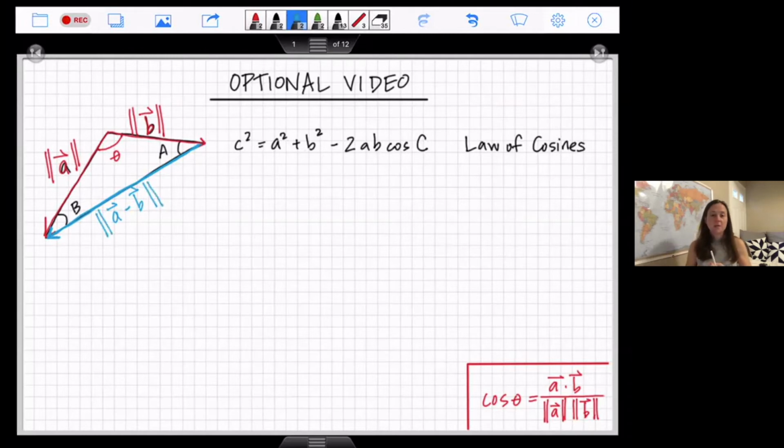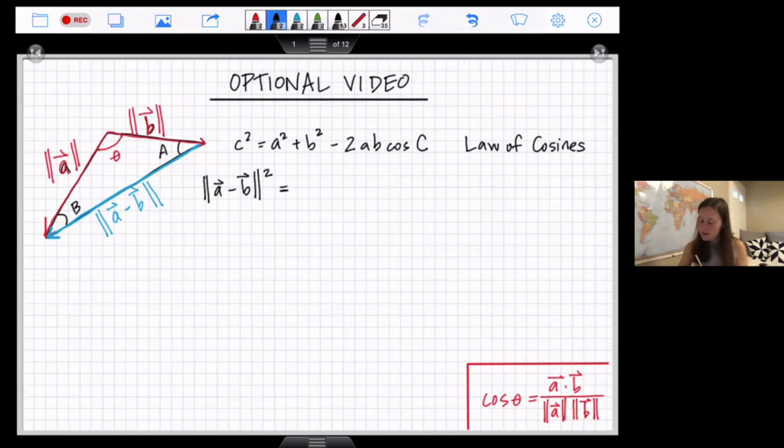Now that I've gotten everything written in terms of vectors and their magnitudes, let's rewrite the law of cosines. The side c squared is the blue one, and that's now vector A minus B. I've got that in magnitude, so we're getting the side length of the triangle, so it's still the law of cosines, and that's being squared.